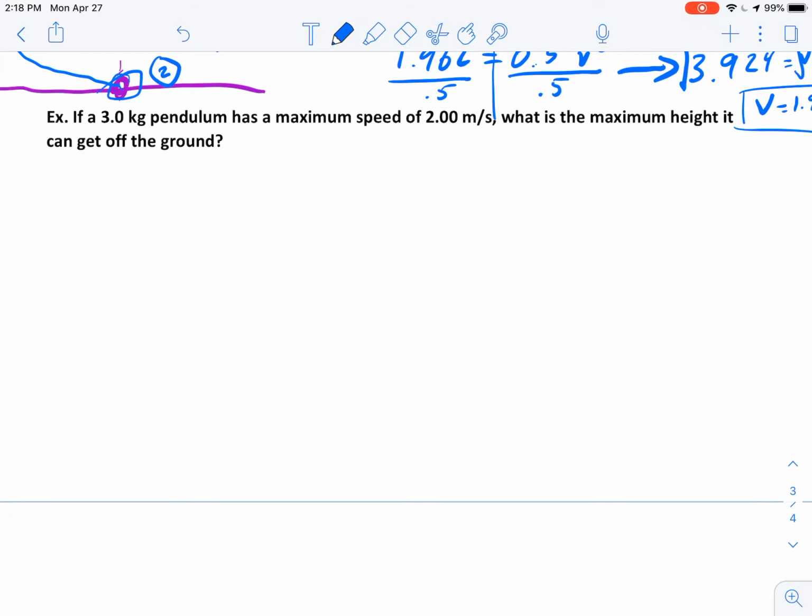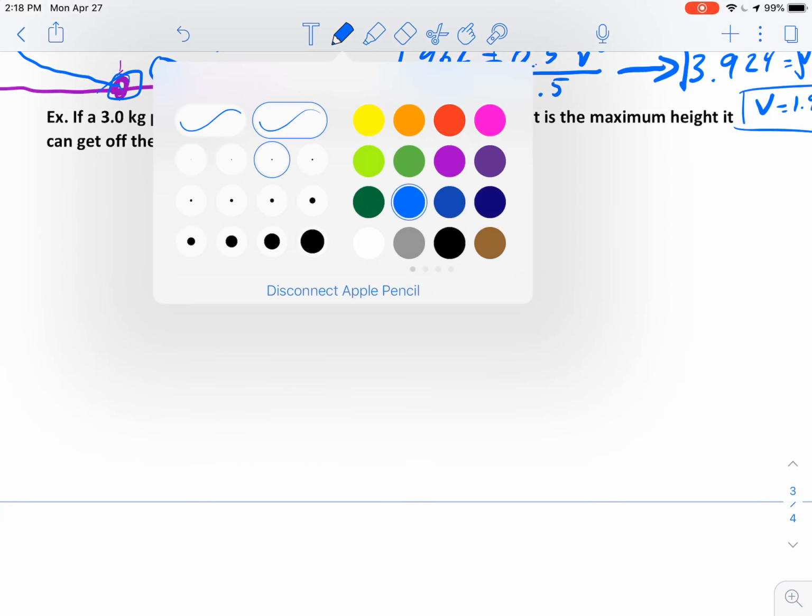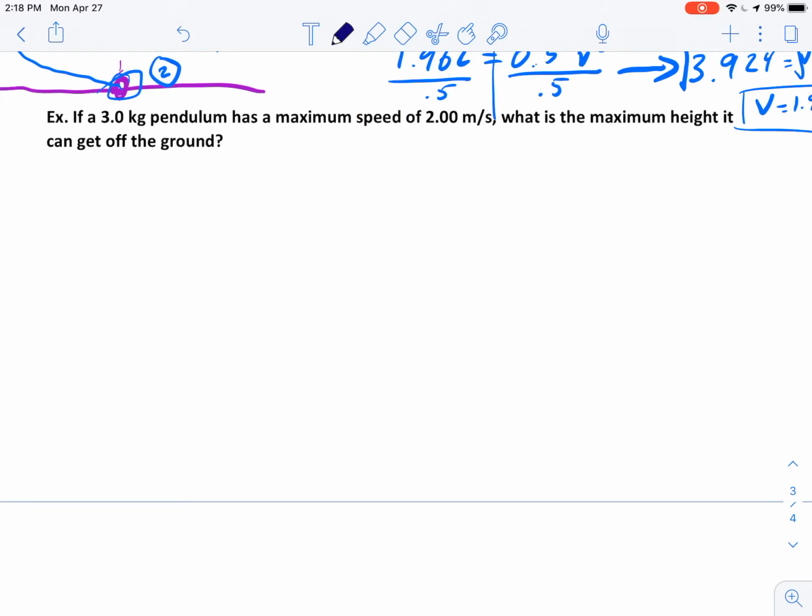Alright, if a 3 kilogram pendulum has a maximum speed of 2, what is the maximum height it will reach? So, this is our pendulum here. This is its equilibrium position.